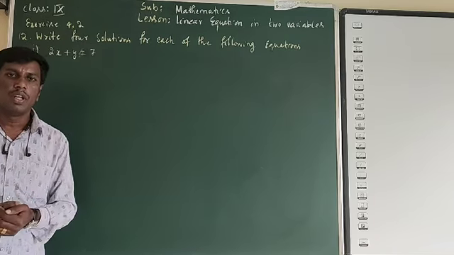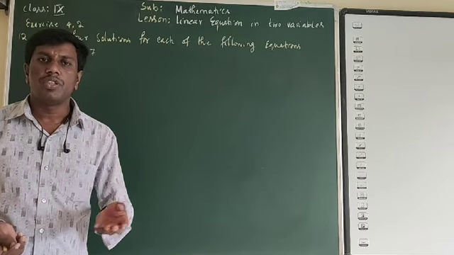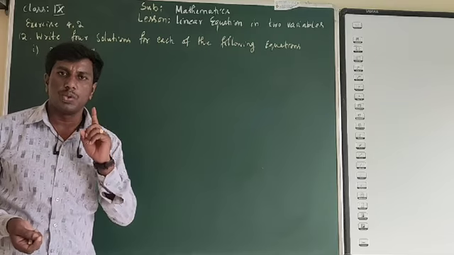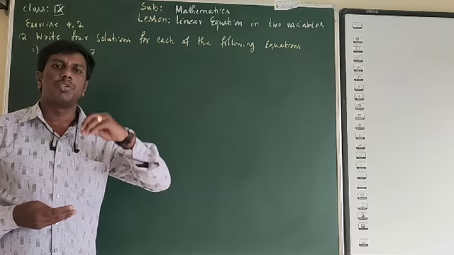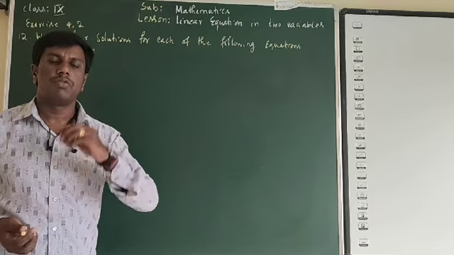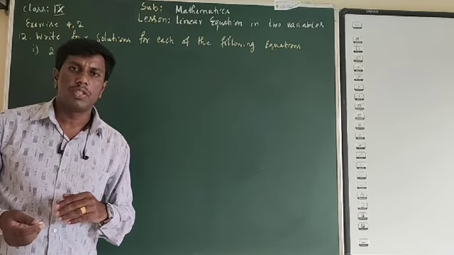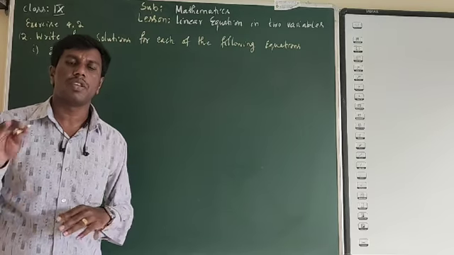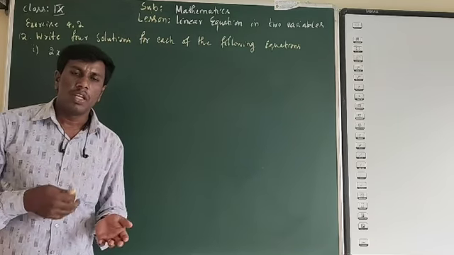As we know, a linear equation in two variables has infinitely many solutions. It doesn't have a unique solution. Unique solution means only one solution, and that is a linear equation in one variable. But a linear equation in two variables has infinitely many solutions.